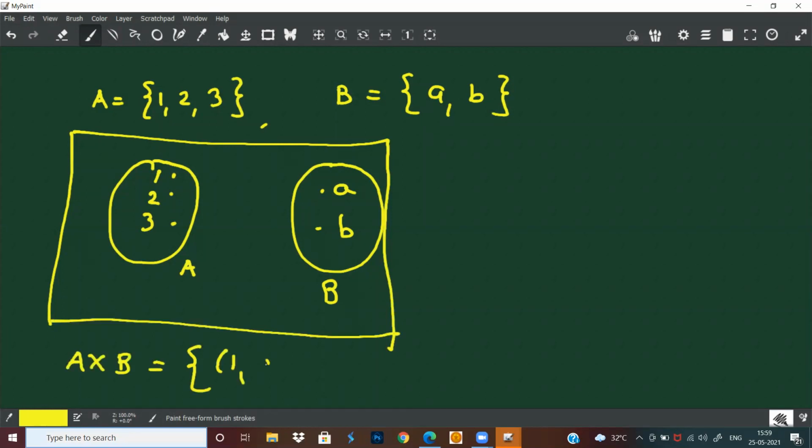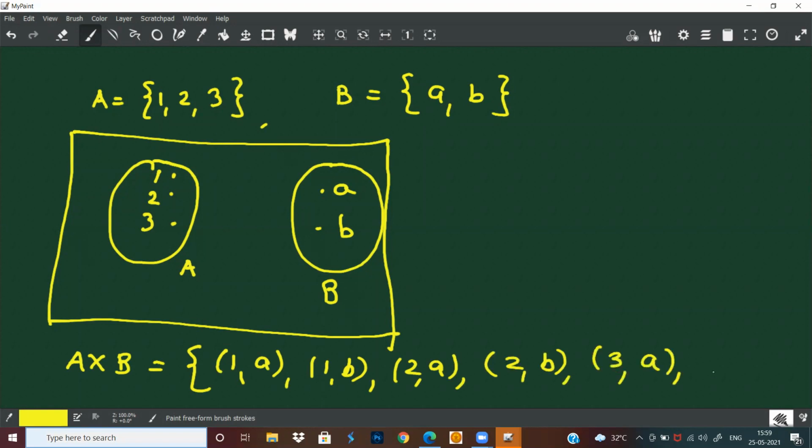So it is 1 comma A, 1 comma B, 2 comma A, 2 comma B, 3 comma A, 3 comma B. This is the Cartesian product of A and B. Right? Do you all remember this?